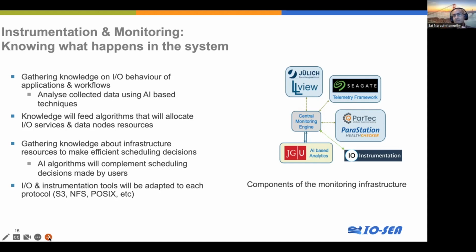So we have a central monitoring engine which collects data from an application perspective and the processes like LLView, and you have the ParaStation infrastructure health checker, and also telemetry, for example, coming from the CORTX Motr, where we show it as the telemetry framework. And also different components of IO software that are producing the instrumentation.